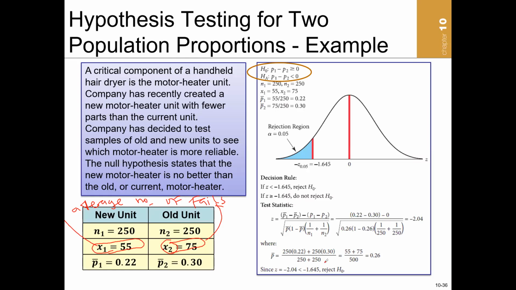Now for group 1, on the average, the motor heater will fail 55 times.